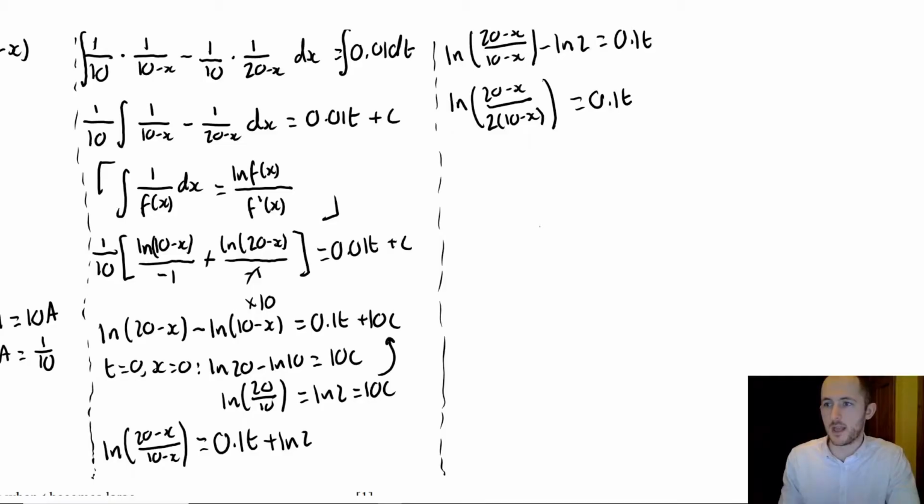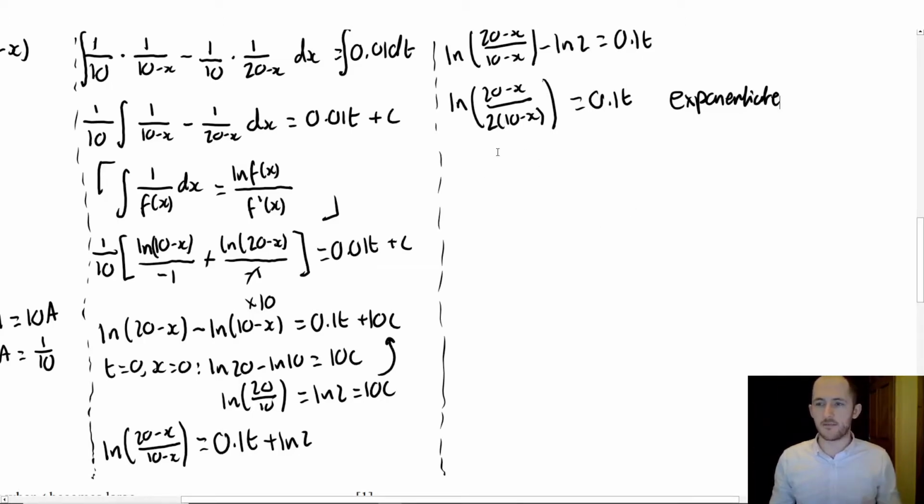Okay, cool. Now what we do is we do something called exponentiate, or you can call this raising everything to the power of e. So we're going to put everything e to the power of everything, okay? Now, if I raise ln to the power of e, it just gets rid of the ln and the e.